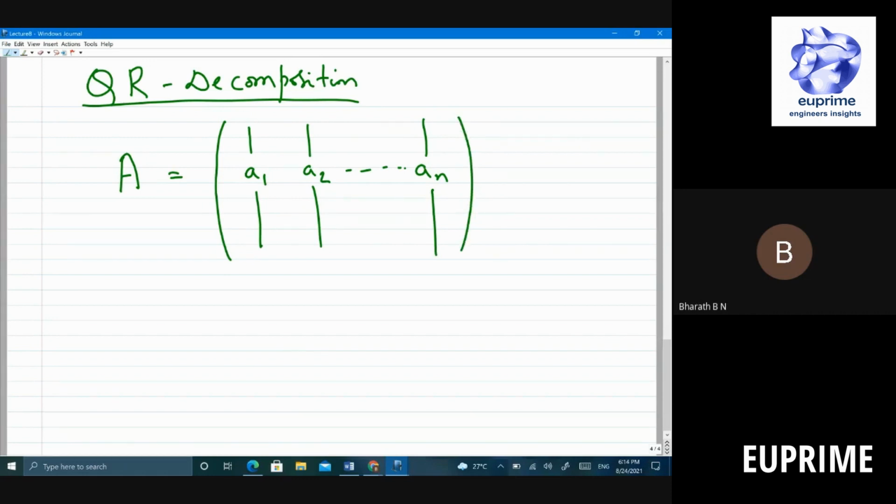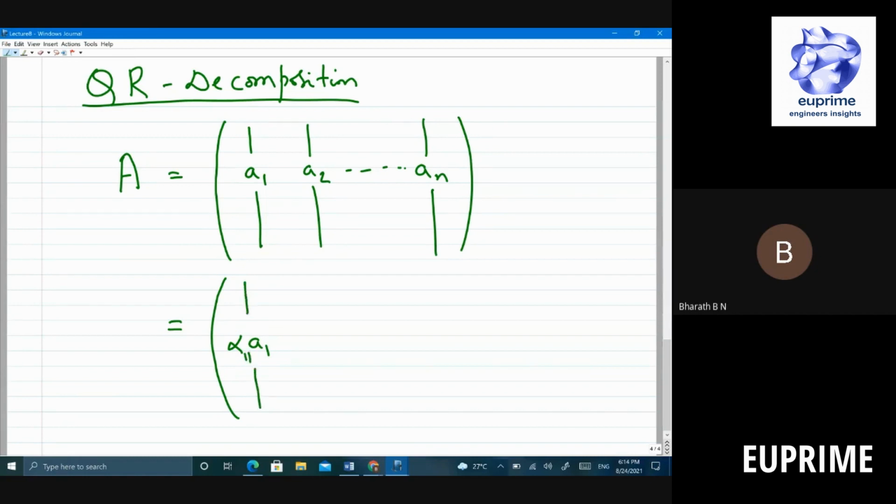You can take fat, tall, whatever, right? So I can write this as what? If I apply Gram-Schmidt's orthogonalization, so what can I do? I'll write A1 as some constant times A1 tilde. Why? Because if I'm looking at orthonormal, then I want to normalize A1 to get unit norm, right? So this will be alpha 11 times A1 tilde.